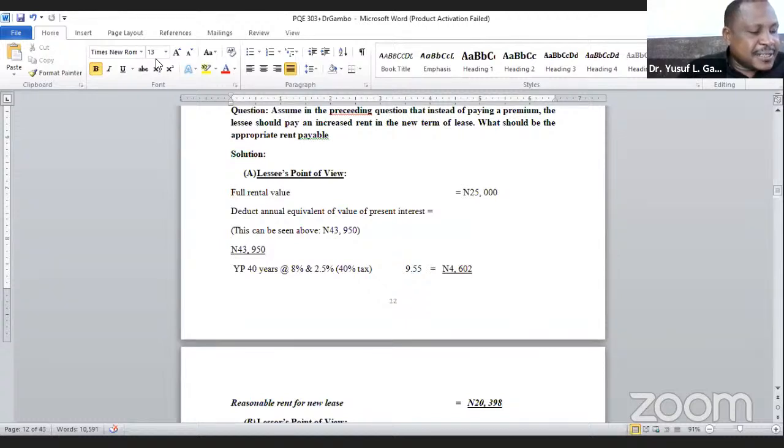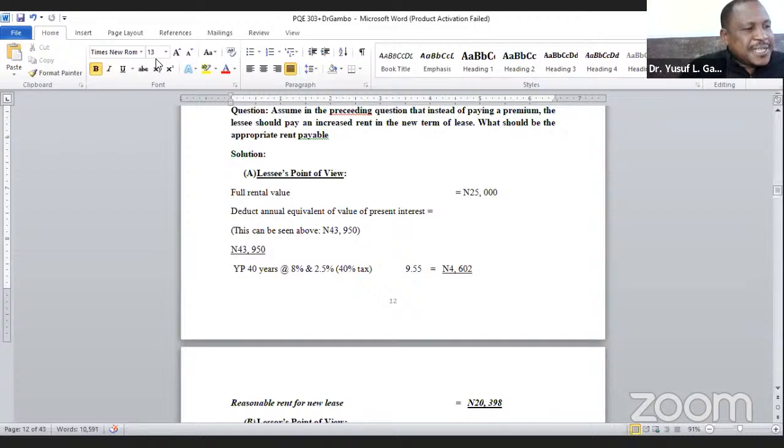Then you divide that by YP 40 years at 6.5%. You see, they've adjusted the interest now to reflect the freehold interest rate for RICS at 6.5%. Now, reasonable rent for the lessee is 18,200.